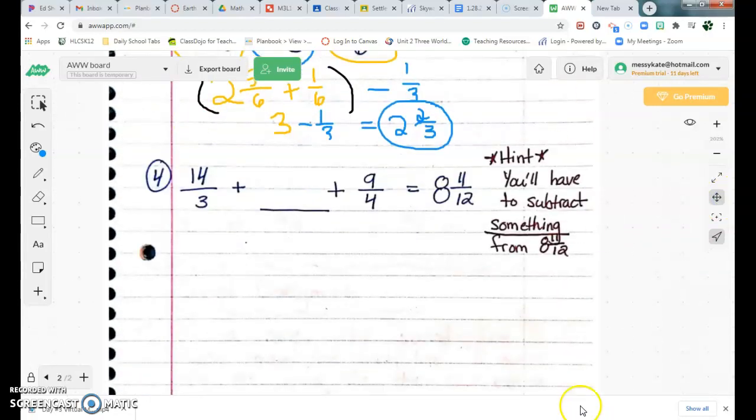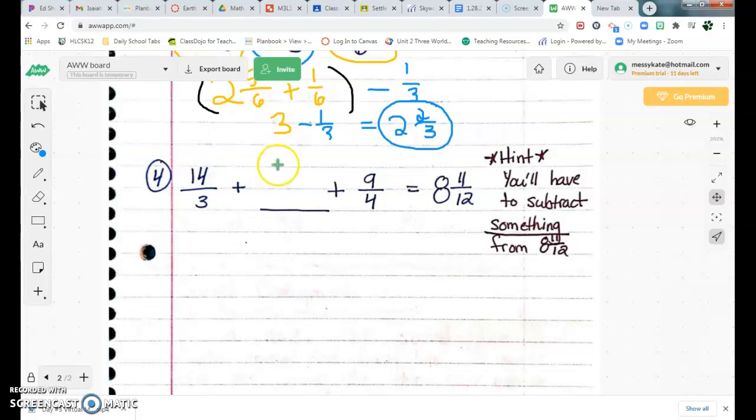Last one that I have left on my math notes is I have to think about what I'm going to have to subtract from this final answer to fill out my missing gap here. So I have 14/3 plus blank plus 9/4 equals 8 and 11/12. I need to know what that missing term is.